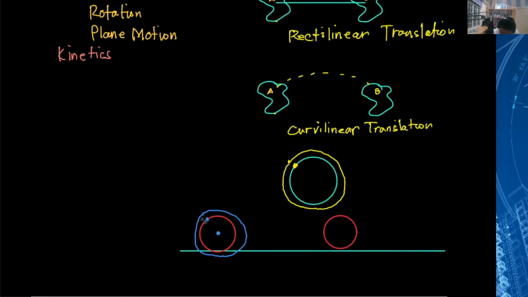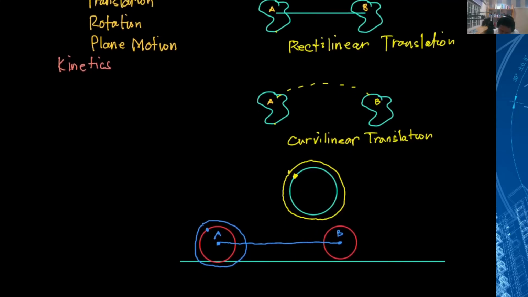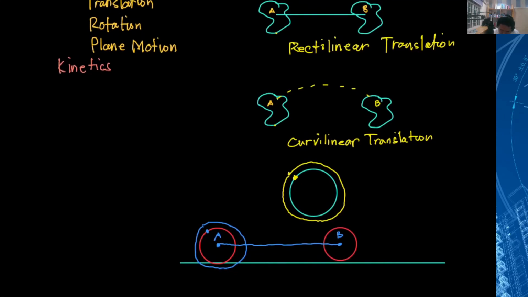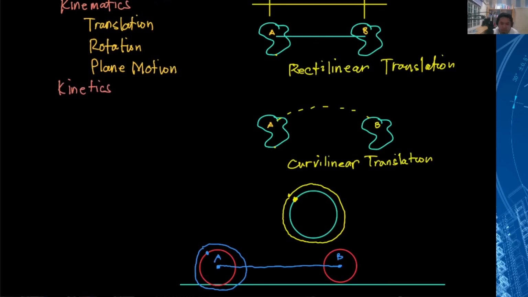While this particle is rotating along the perimeter of the wheel, the center of the wheel is also traveling from point A up to point B. So this is a combination of rectilinear translation and rotation. That is the meaning of plane motion.